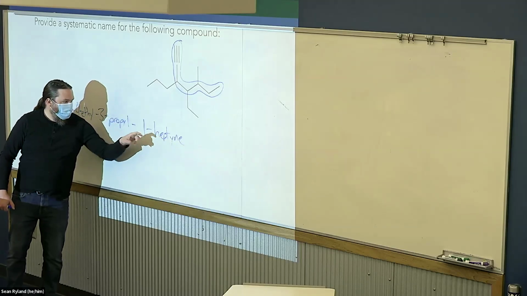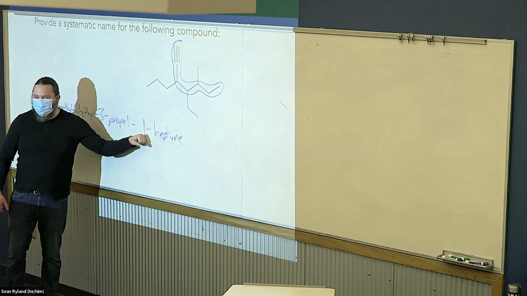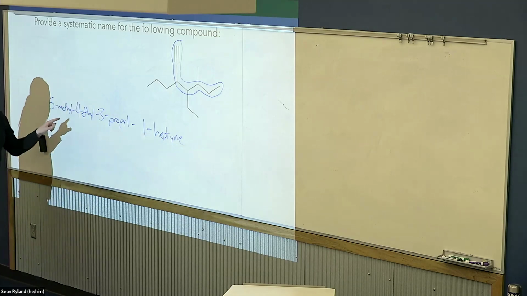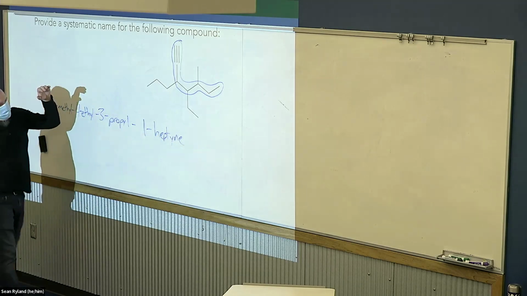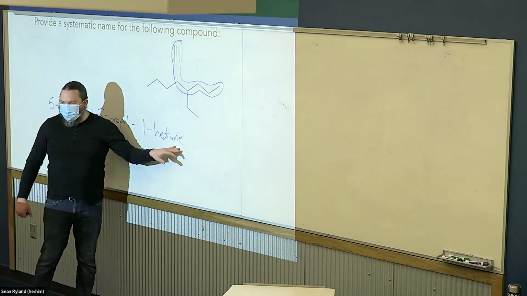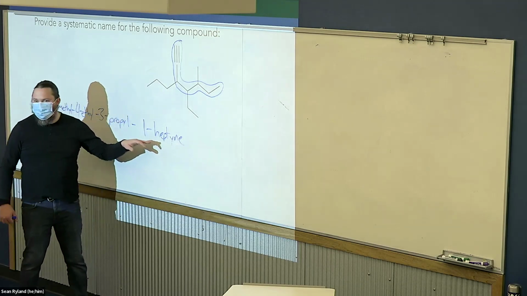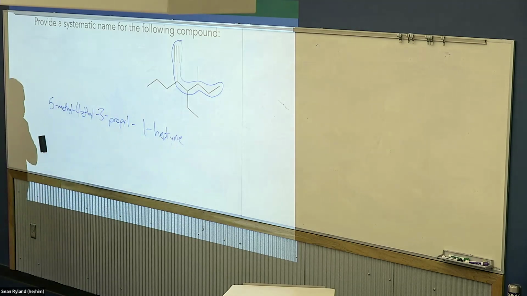So we care the most about keeping this number low. Even if we could count from the other end and we'd get these ones lower. Whatever goes last in the name, whatever functional group goes last in the name has priority. So that's the one we care most about keeping low.